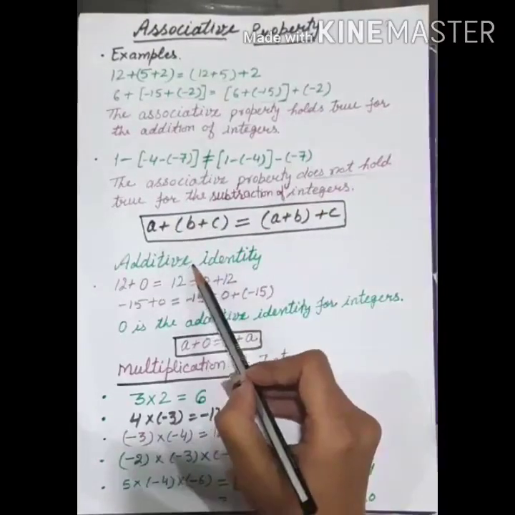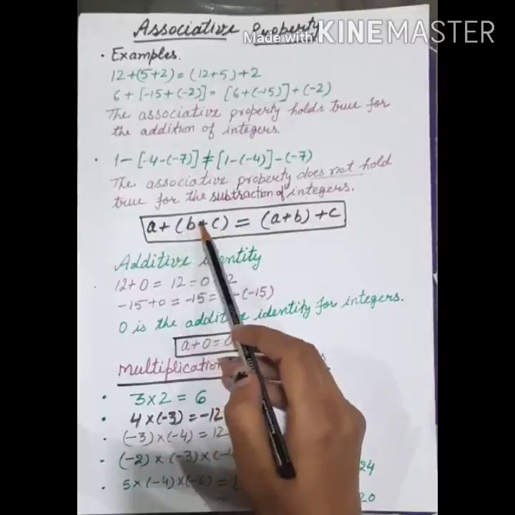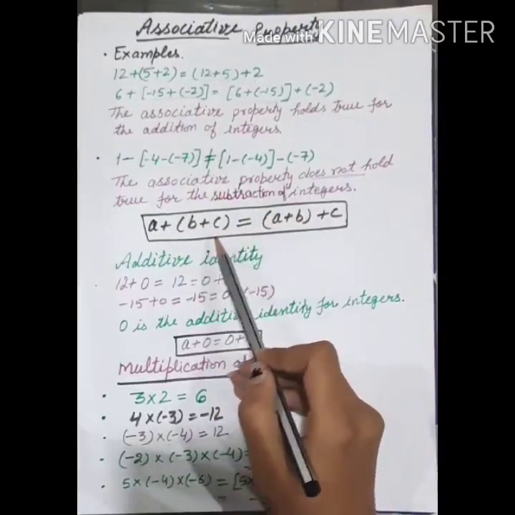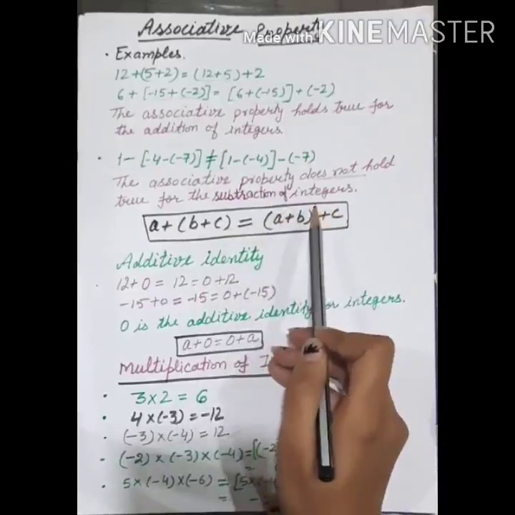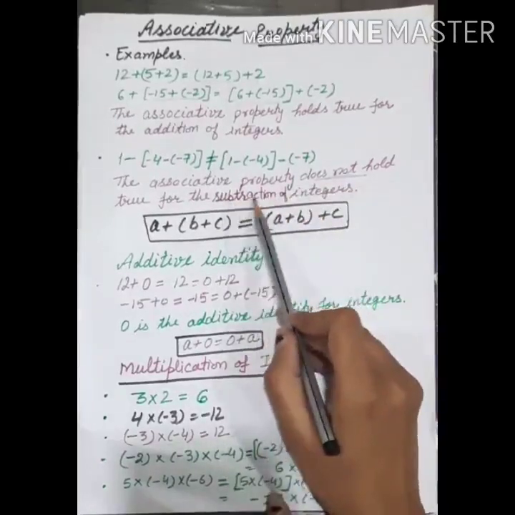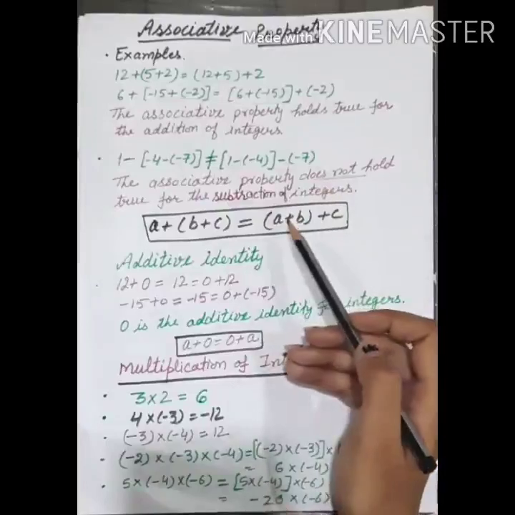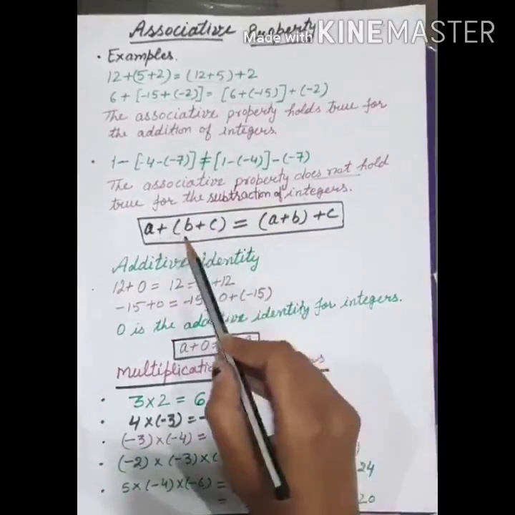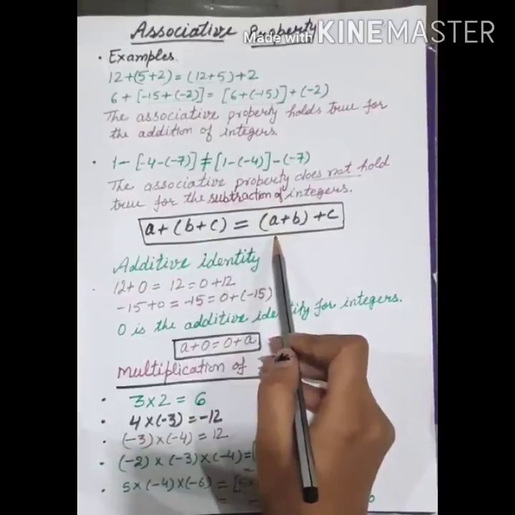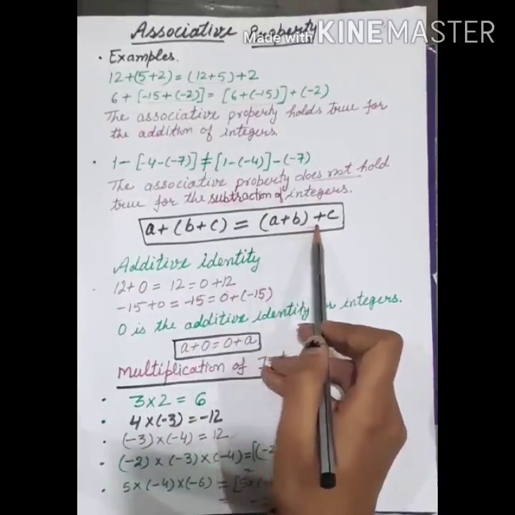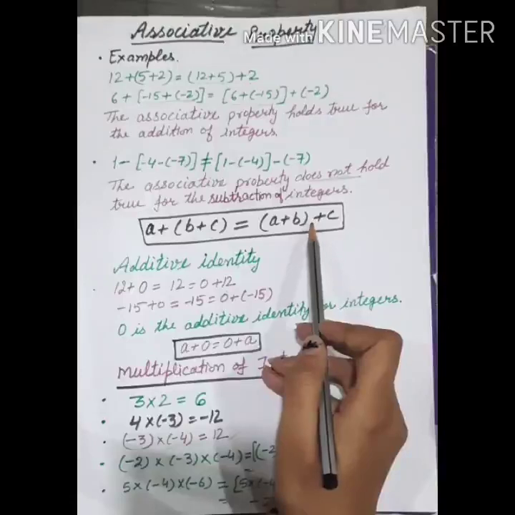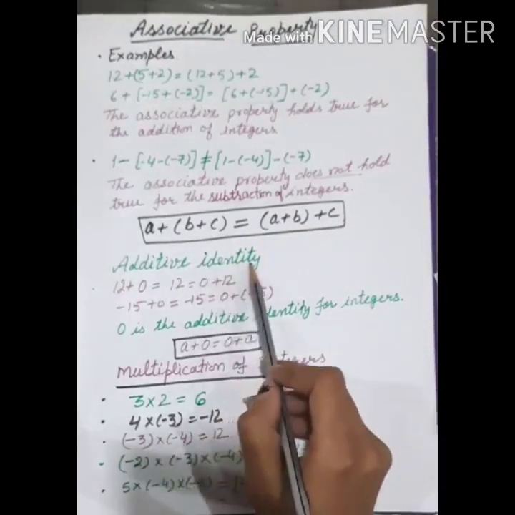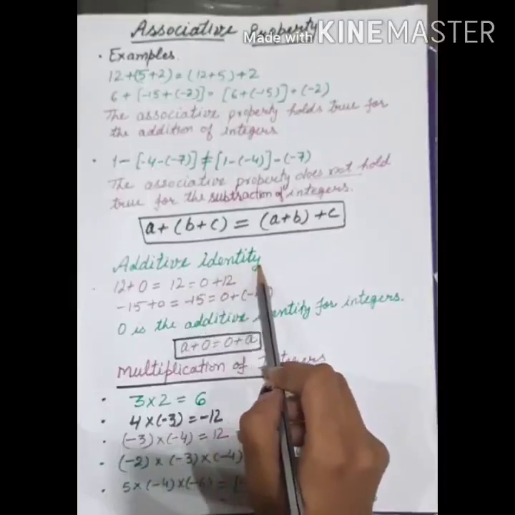Here we see that the integers can be grouped in any order for addition, but the integers cannot be grouped in any order for subtraction. If a, b and c are three integers, (a plus b) plus c is equal to a plus (b plus c).